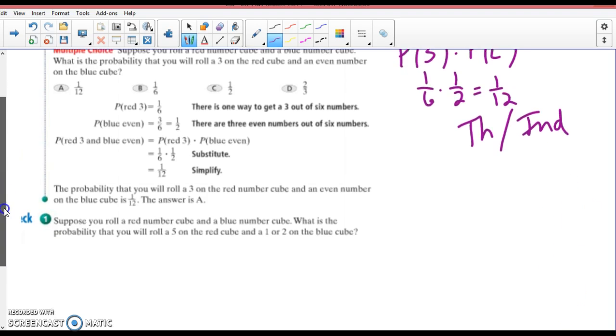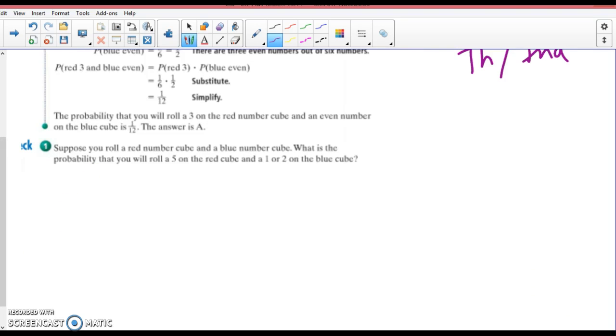Okay. I want you guys to try this one right now. You can just write it on your paper. Suppose you roll a red number cube and a blue number cube. What is the probability that you will roll a 5 on the red and a 1 or 2 on the blue? Just do that on a little slip of paper. Okay, so we want the probability of a 5 times probability of a 1 or a 2.